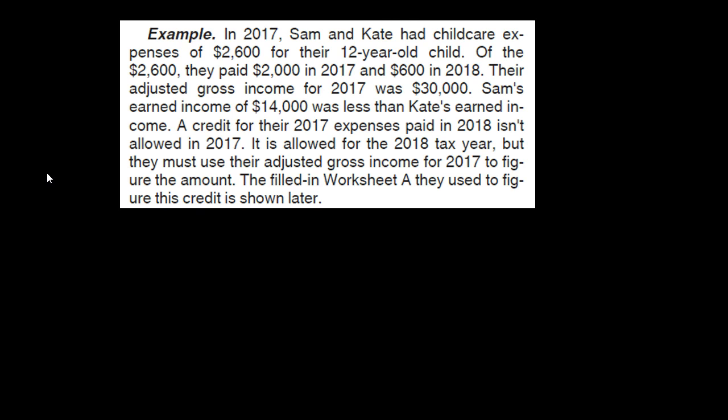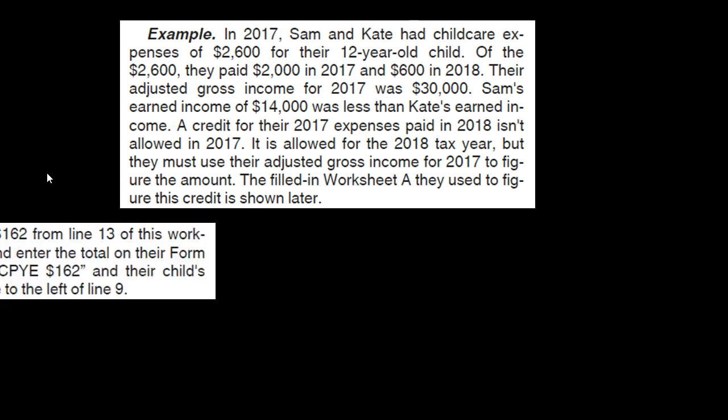A credit for their 2017 expenses paid in 2018 isn't allowed in 2017. It is allowed for the 2018 tax year, but they must use their adjusted gross income for 2017 to figure the amount. The filled in worksheet A they use to figure this credit is shown later.